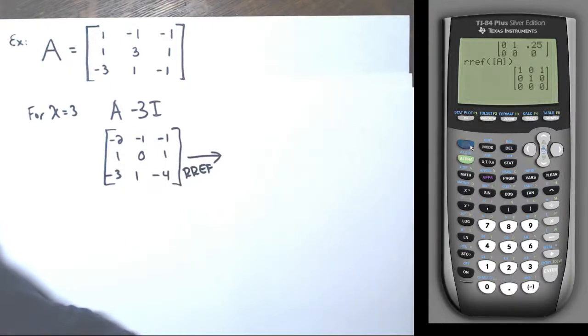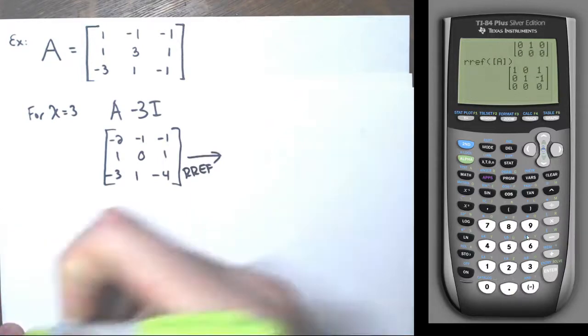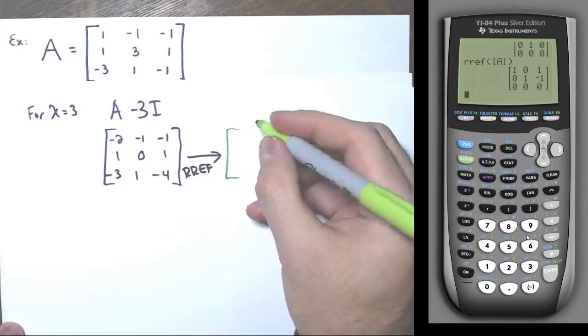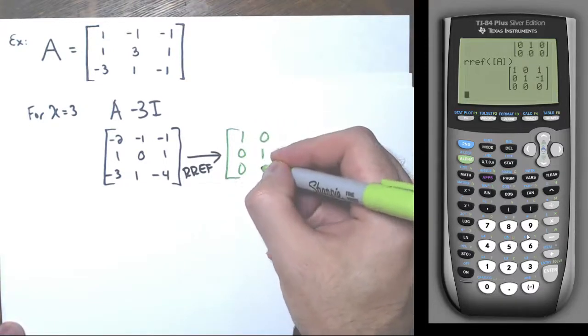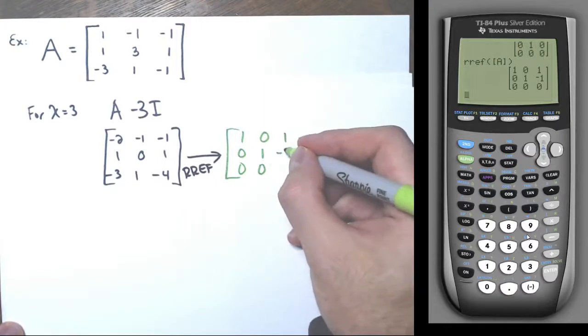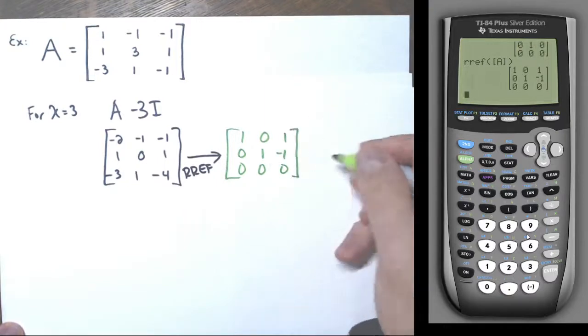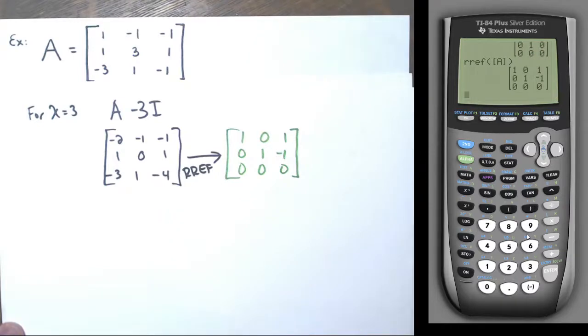All right, getting out of here, re-entering reduced row echelon form, and there we have it. So 1, 0, 0, 0, 1, 0, 1, -1, 0. Again, imagine the equals 0 on the other side.